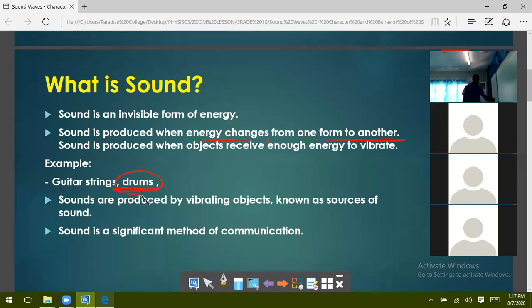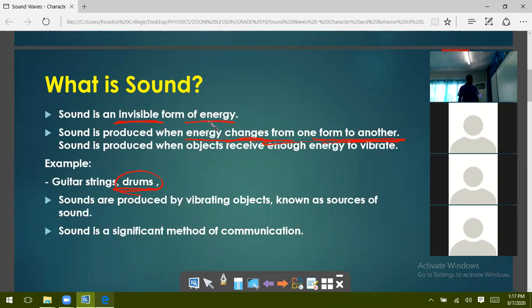When someone is hitting the drum with some force, kinetic energy is converted into sound energy. So basically it is changing from one form of energy into another. So sound is in fact invisible, we cannot see it, but it is basically the conversion of other forms of energy like kinetic.